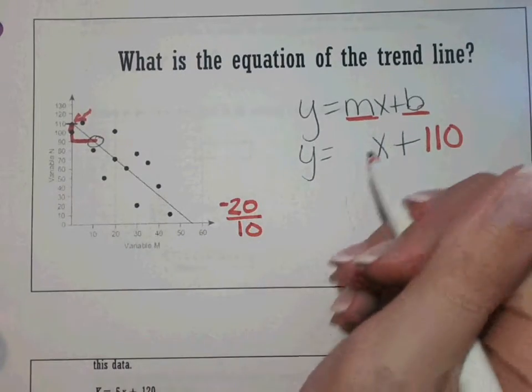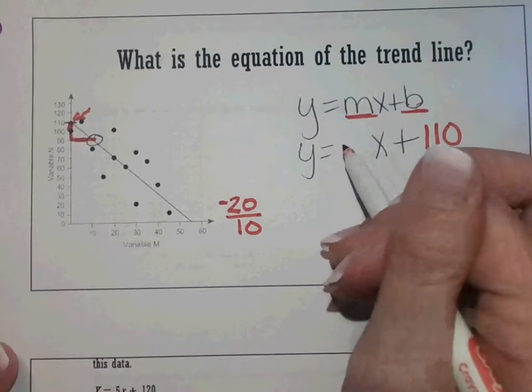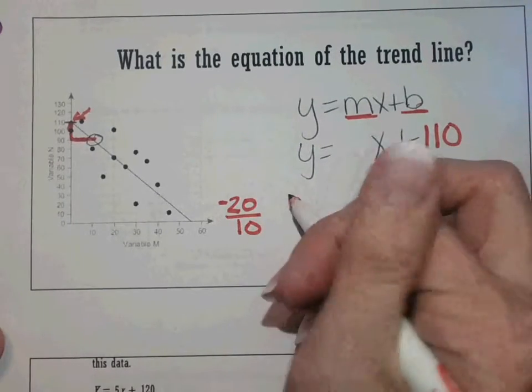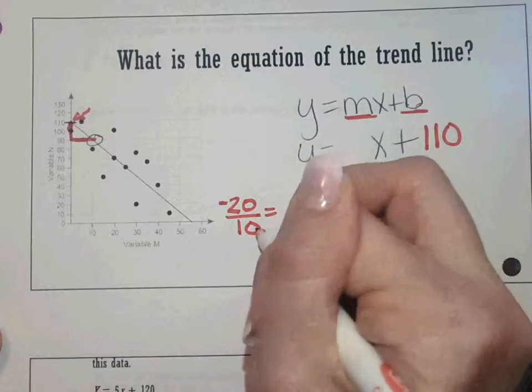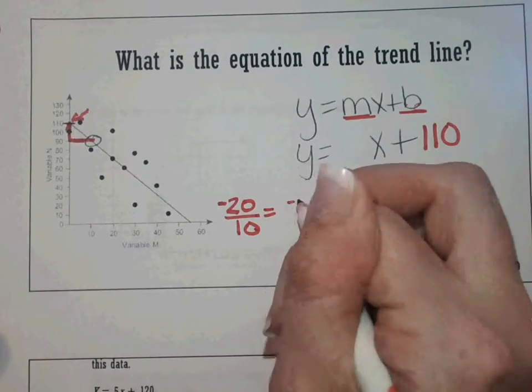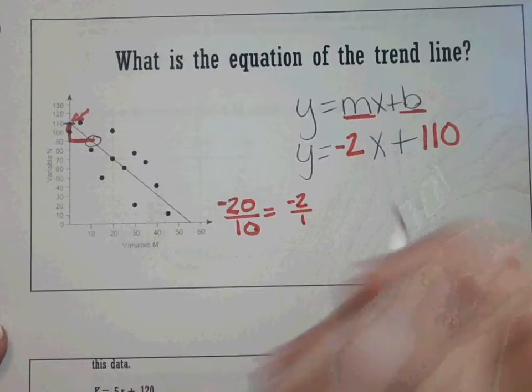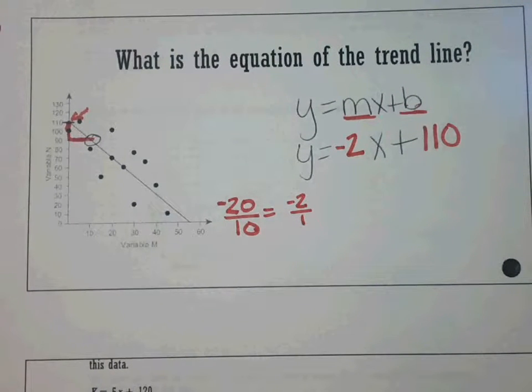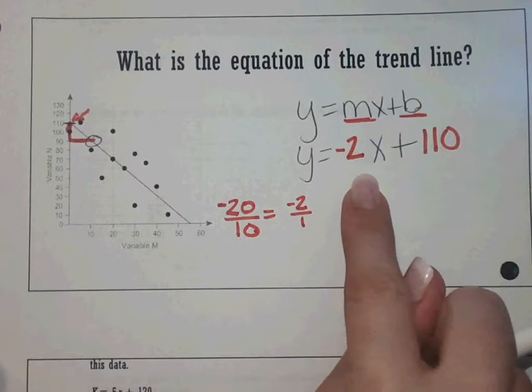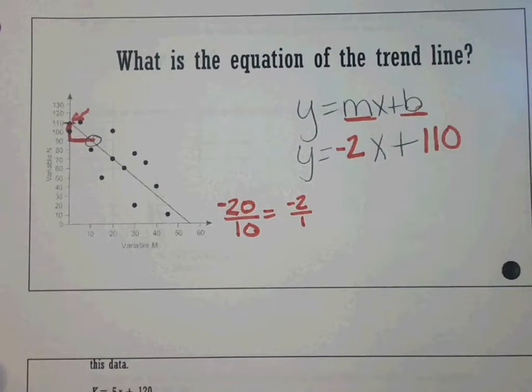So I could put negative 20 over 10 right here, but I'm actually going to simplify that. I can divide both of these by 10, and I get negative 2 over 1, or just negative 2. And so now I have the equation of that trend line: y equals negative 2x plus 110.